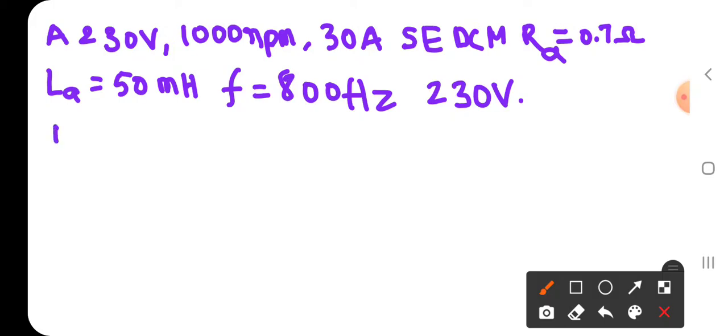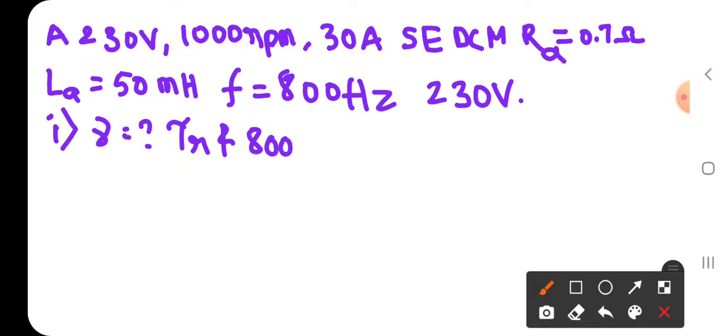First one: calculate the duty ratio of the chopper for rated torque and speed of 800 rpm.